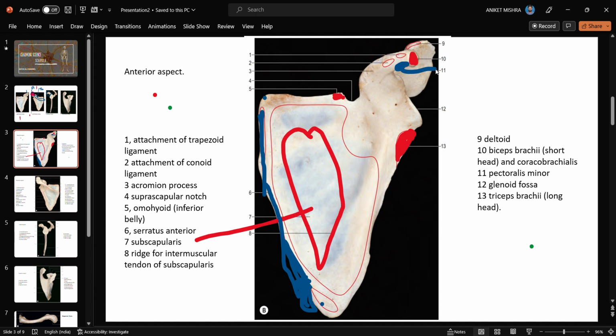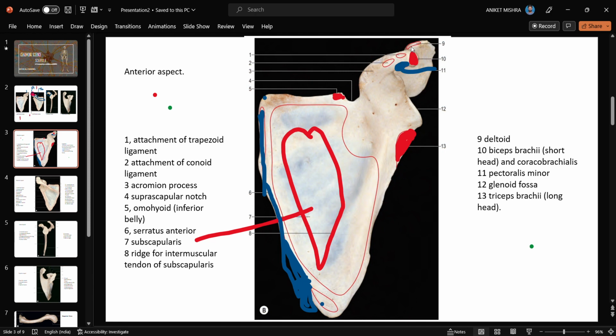When we are going to talk about the ligaments, we will say the coracoacromial ligament. The coracoacromial ligament originates from the facet on the medial aspect of the acromion process. This one is the coracoid process, this one is the acromion process.